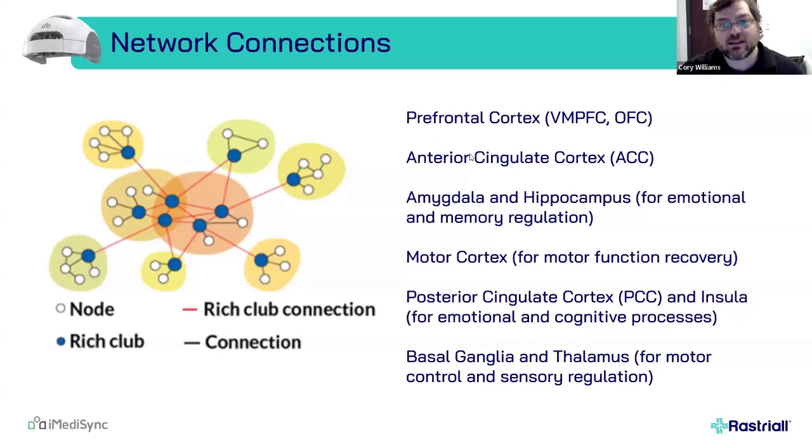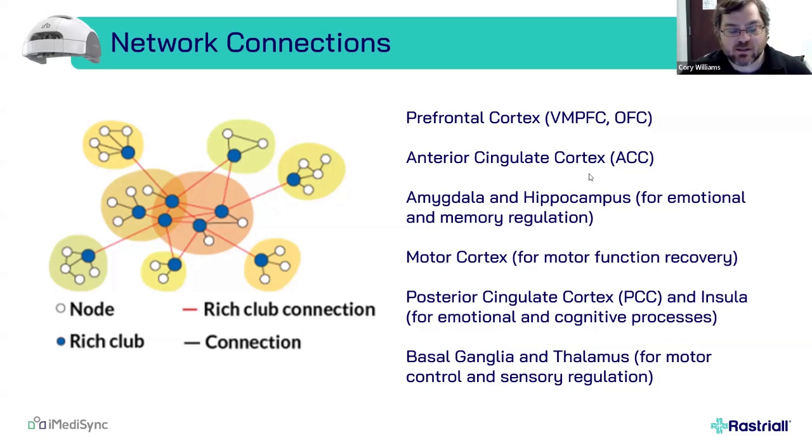So even though we're targeting that left dorsolateral prefrontal cortex, all of these areas have been shown to exhibit change after TMS sessions. And for those of you who are well-versed in neuroanatomy, you're going to recognize some really important parts of the brain here, right?